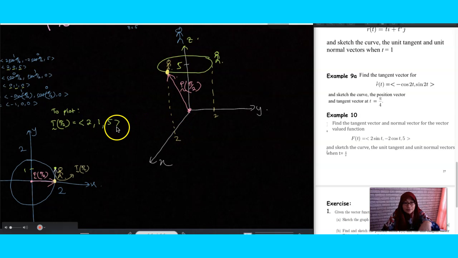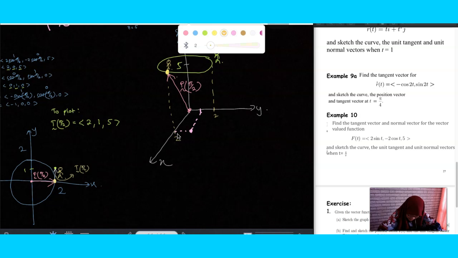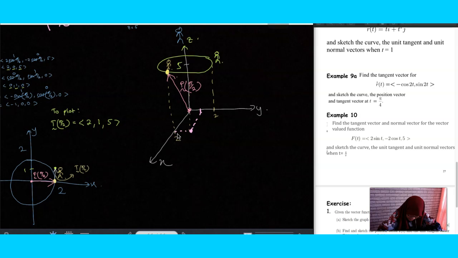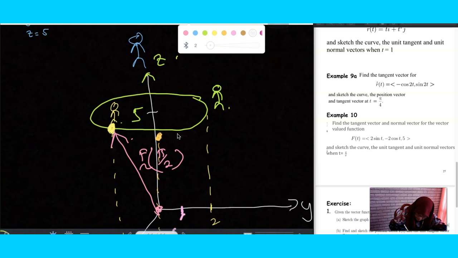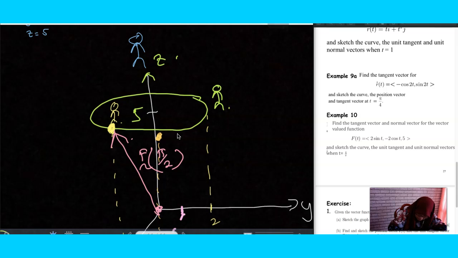So x is 2, so look at here, y is 1. So that is the point, and you project that along the 5, so maybe around here. Okay, and you can see that now your line becomes this way, that way.